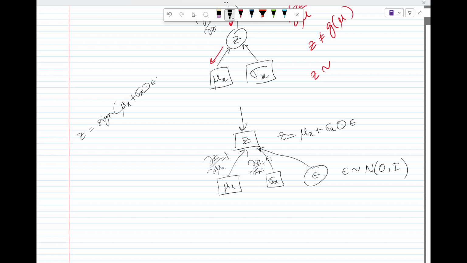Now z becomes a discrete random variable, which will only take values in -1 and 1.